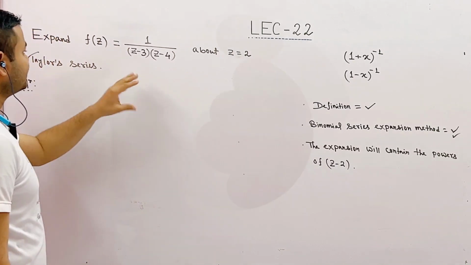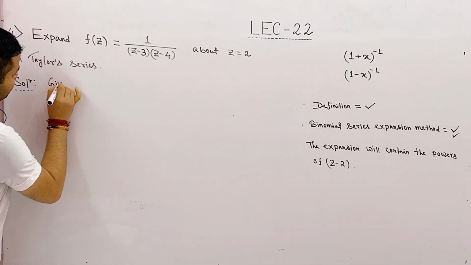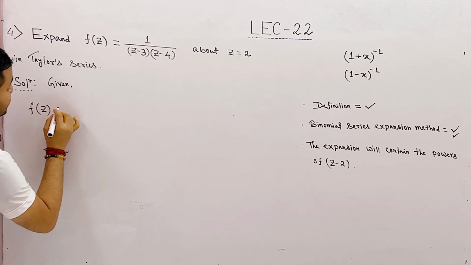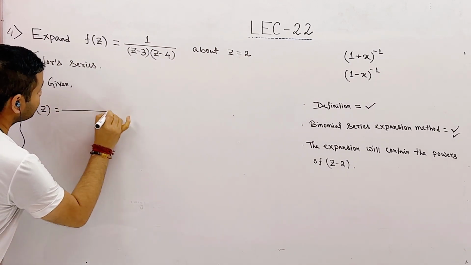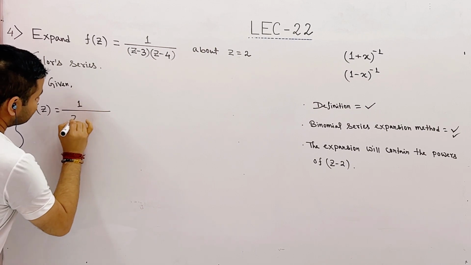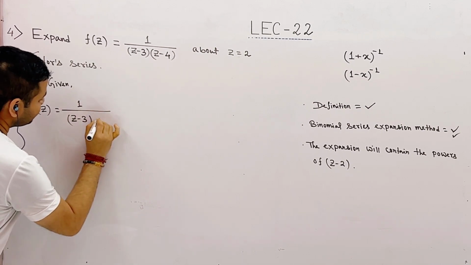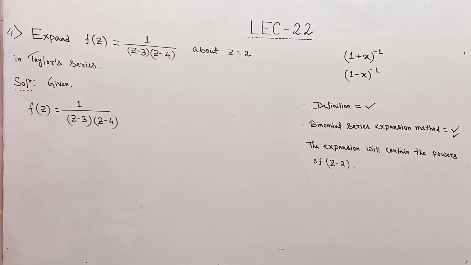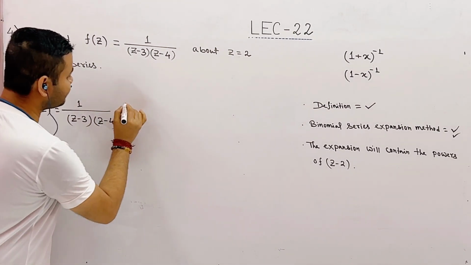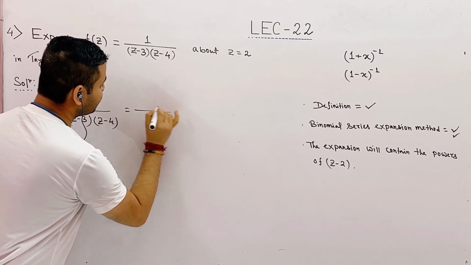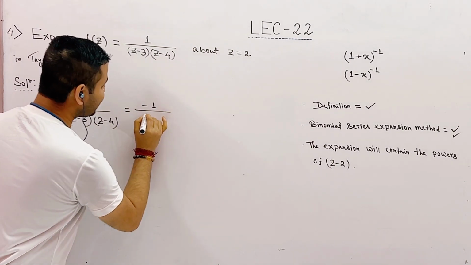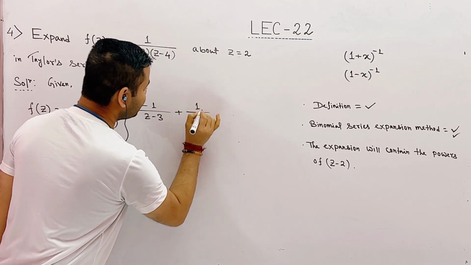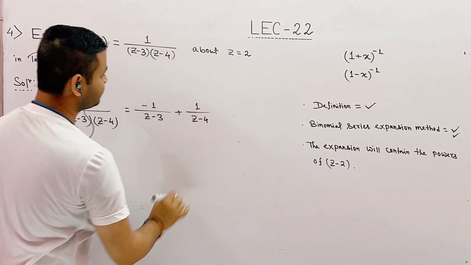Now let me solve. Given f of z is equal to 1 by (z minus 3) into (z minus 4). Now, with the help of partial fraction method, this term can be written as minus 1 by (z minus 3) plus 1 by (z minus 4).